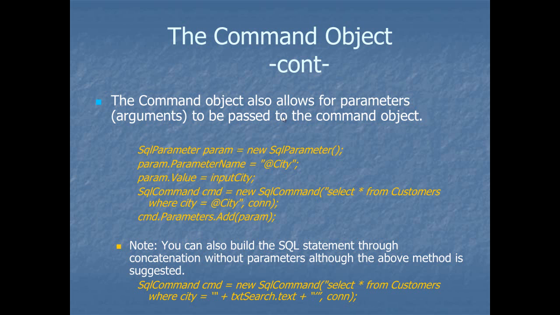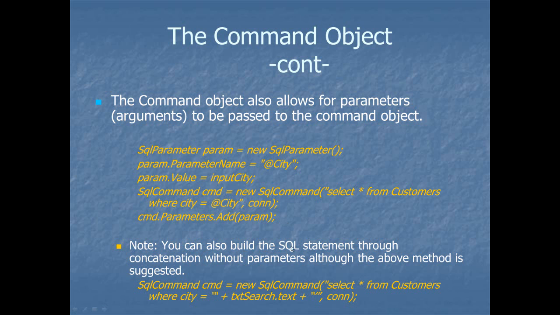There is a way to block SQL injection, and this methodology is how to do it on the screen right here. You'll notice I've got a SQL parameter called param here, and it's a new SQL parameter. Then I'm giving it a parameter name of @city. So what I'm doing is creating the values that I would be inputting into a select statement, if you will, so that I'm not concatenating them together.